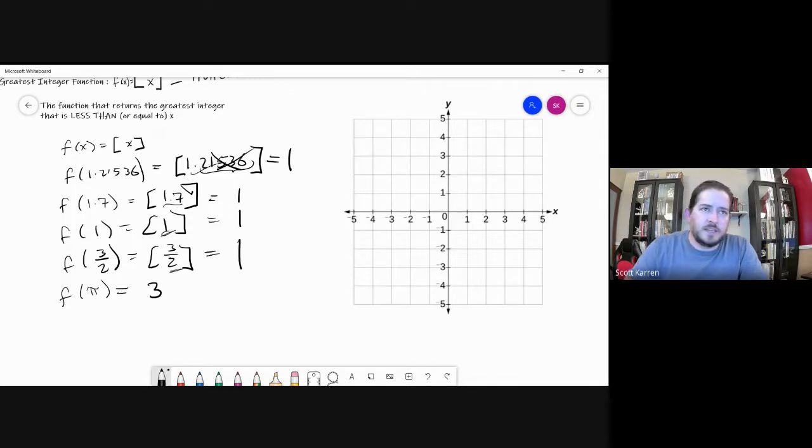Which is to say anything including 1 that is greater than 1, but not 2, gets all returned down to 1. Once you get to 2, f of 2 is 2, f of 2.1 is 2, f of 2.2, all the way up to, but not including 3, right? And so it creates sort of a step graph like this.